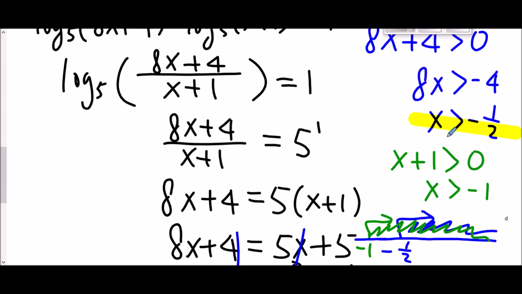It works here, but it doesn't work here. So if this is the restriction, look at this: x has to be greater than negative 1/2. So let's pick x to be 0. When x is 0, it is greater than negative 1/2. Great. When x is 0, 0 is greater than negative 1. So I hope it makes sense.